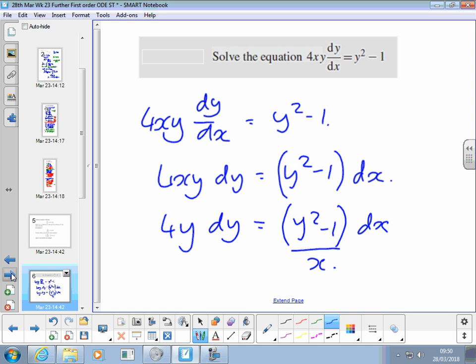That's all together. That top line can be written as 1 times y squared minus 1. So we can divide by y squared minus 1.